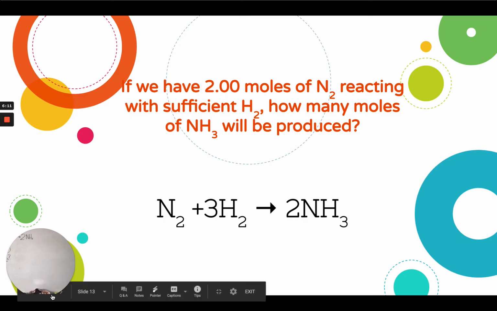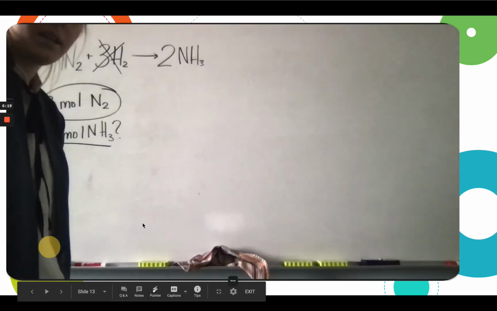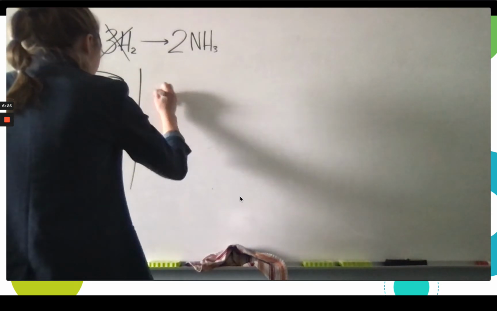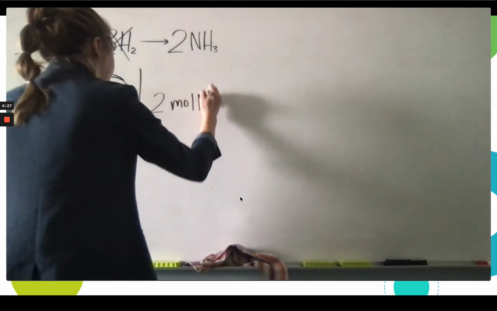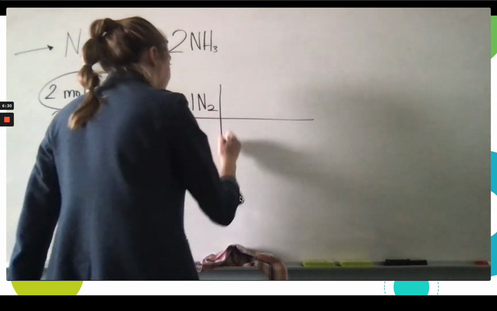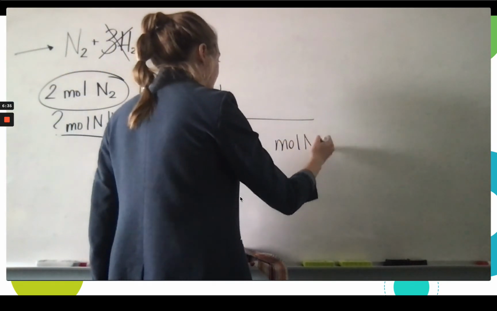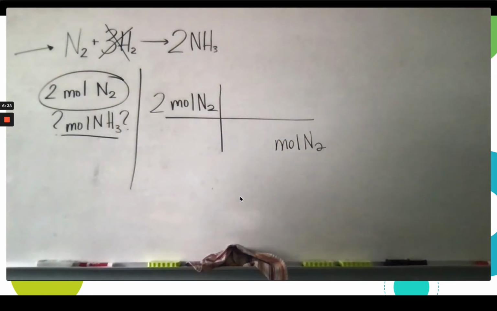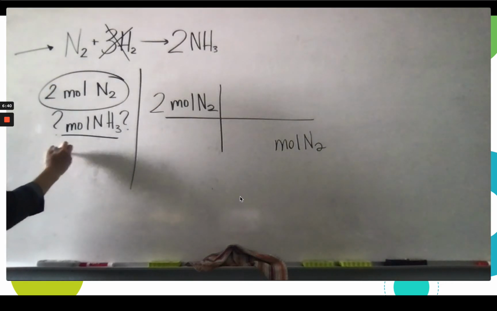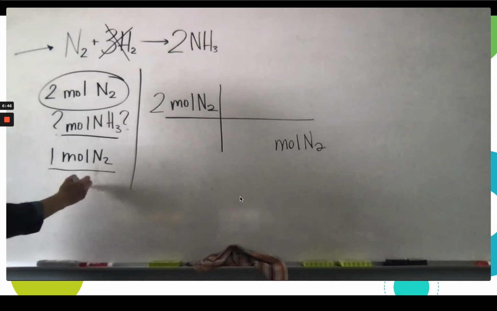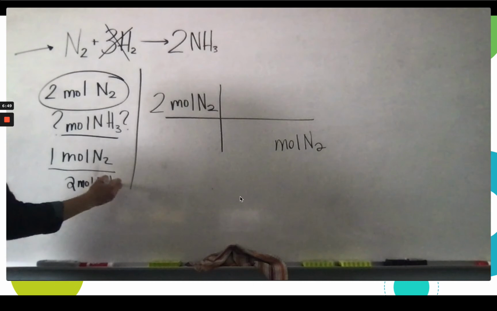Let me make this big again. There we go. So, let's solve this. We are starting again with 2 moles of N2. Hopefully you've recognized we have moles of N2 on the top of our reaction. We need it on the bottom, so we can cancel those out. In our conversion factor, our mole ratio between N2 and NH3 is 1 mole of N2 is equivalent to 2 moles of NH3.